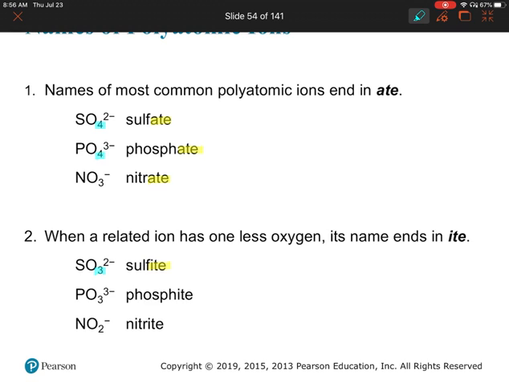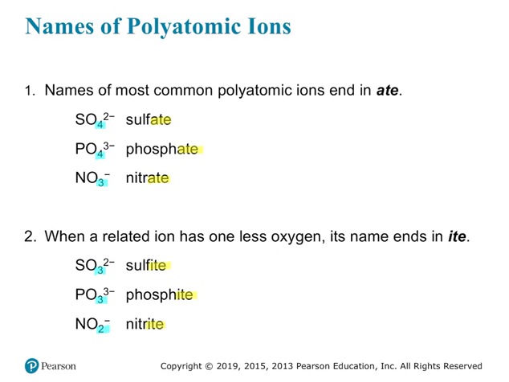Originally it has 4 oxygens, but if we remove one of those oxygens, so we have PO3 3 minus, that becomes phosphite. And same with our last one here. Nitrate has 3 oxygens, nitrite has 2. So this is just a naming scheme that chemists came up with to make it a little bit easier to differentiate between certain polyatomic ions.